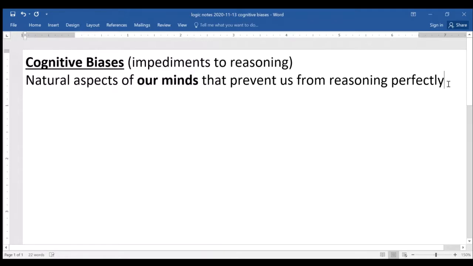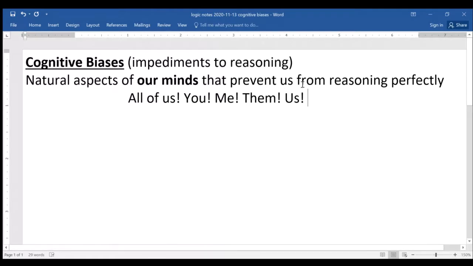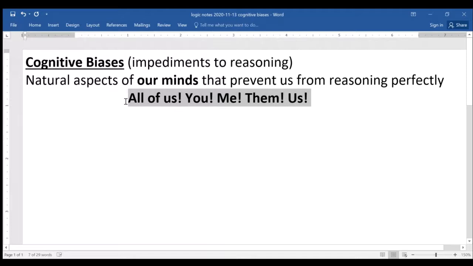And I want to emphasize the idea here of what it means when I say our minds. I'm talking about literally all of us, every single one of us in this class, myself included. Every single one of us counts as this sort of individual.